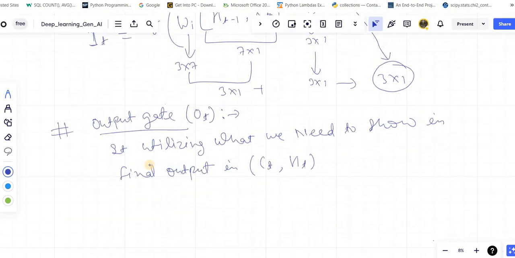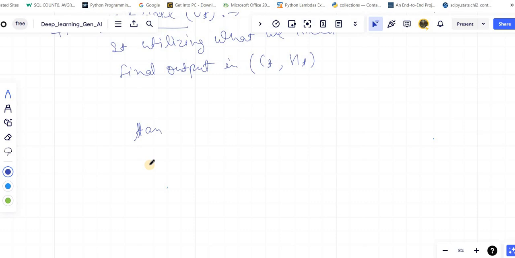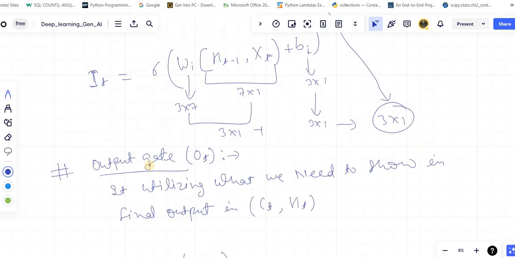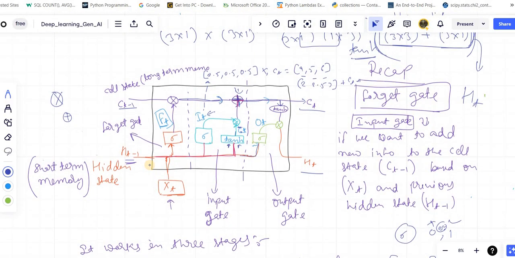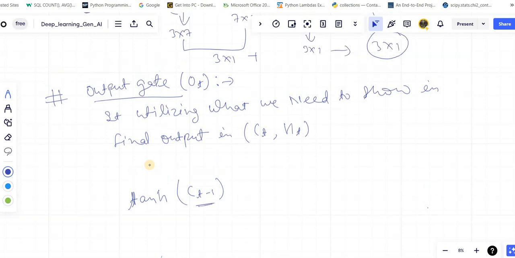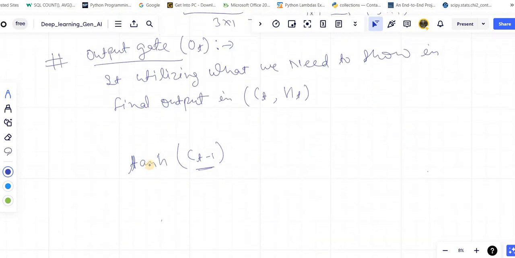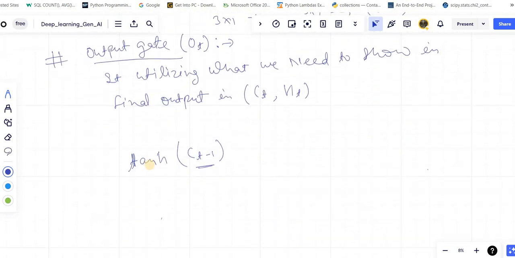So how will it look? See this: tanh of CT minus 1. Whatever CT minus 1 is coming will be fed into the tanh here. This is what we just calculated in the input gate.